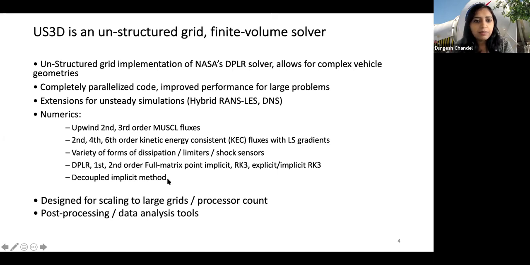Another feature is the decoupled implicit method, which basically allows solving the chemistry and the total energy equation separately. So if the flow physics is not strongly coupled, you can save a lot of time doing decoupled calculations. And as I said earlier, the code is designed to scale for large grids and processor counts. The code outputs are mainly in Tecplot format, which is mainly used for scientific computations.